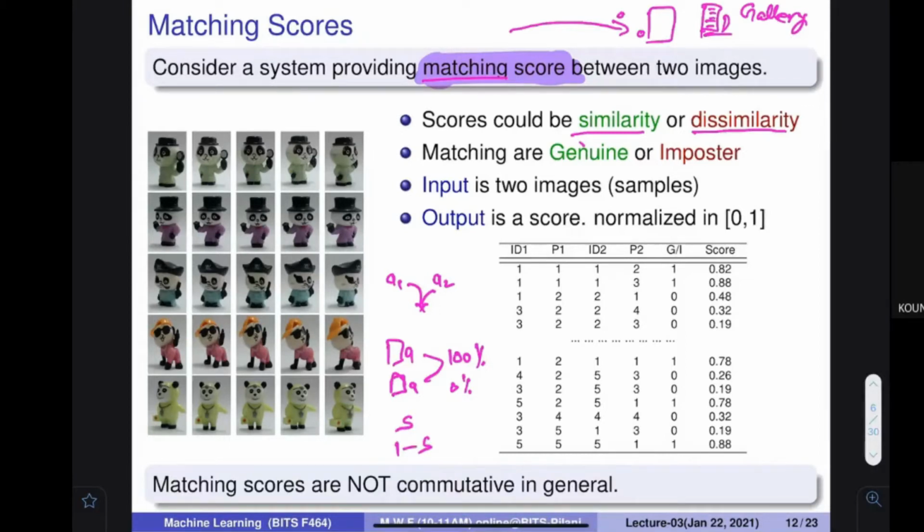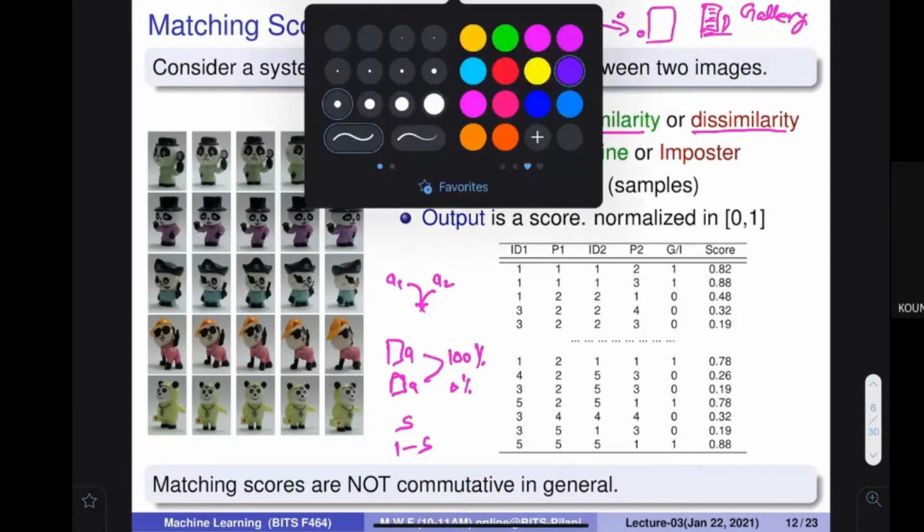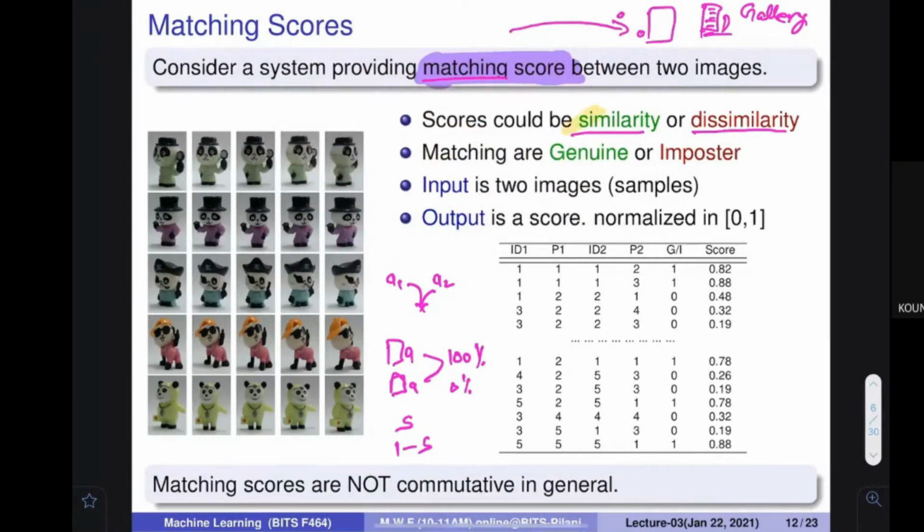In most of the cases, you would be using either similarity scores or dissimilarity scores, not both. And similarity and dissimilarity just mean how similar they are or how dissimilar they are.